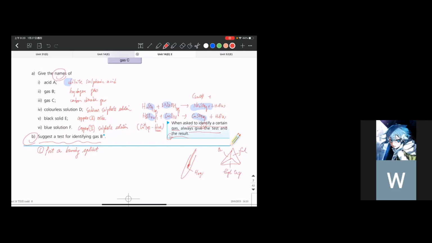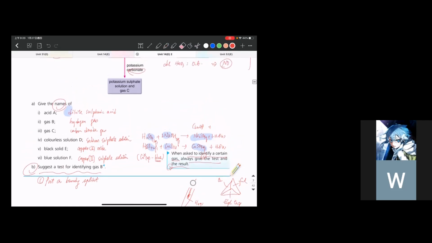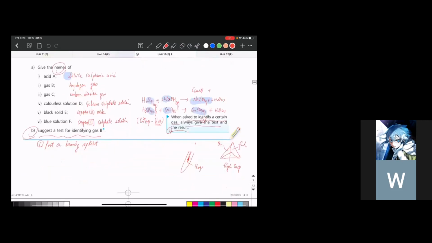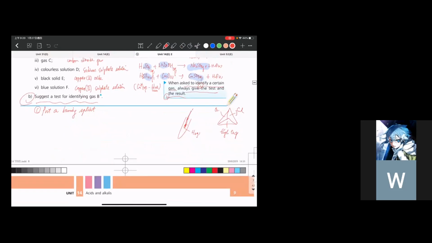So in case I put the burning splint directly into the gas tube already containing hydrogen, what will happen here? Do you have any oxygen inside? The answer is no. So of course the burning splint will be put off.